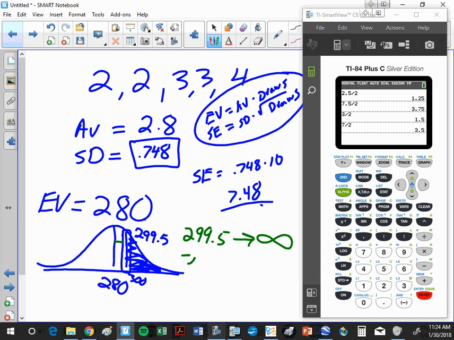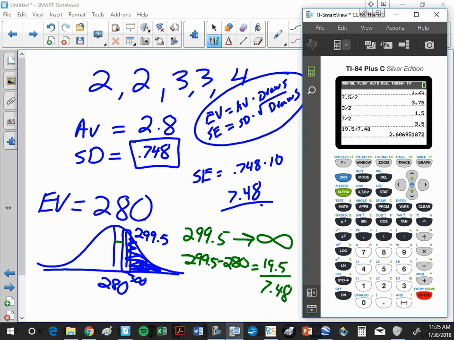And the formula is 299.5 minus 280, which is 19.5, divided by the SE, which is 7.48. So 19.5 divided by 7.48, and we get a z-score of 2.6. So now I want to calculate the area from 2.6 and up.